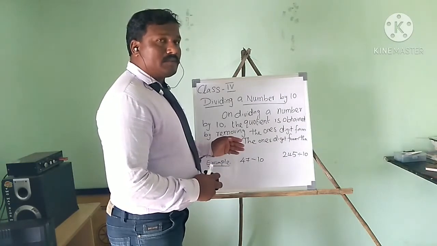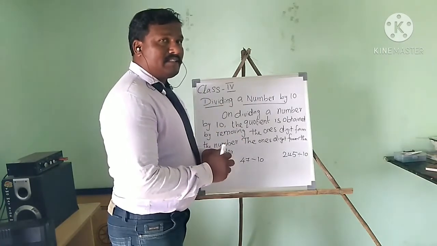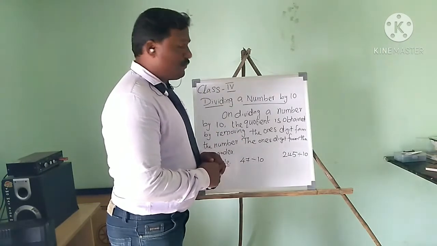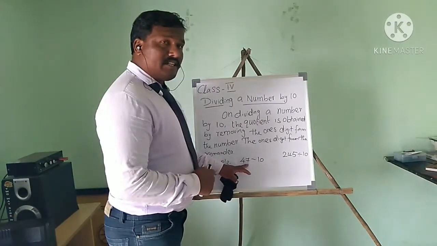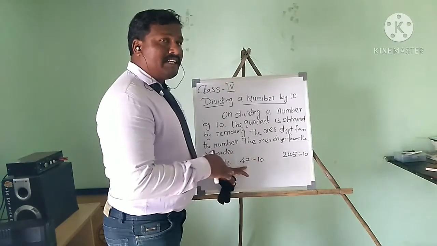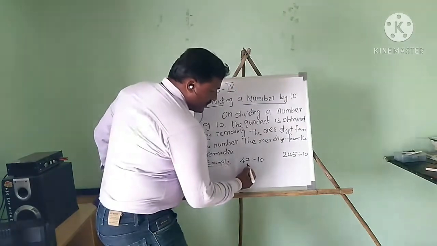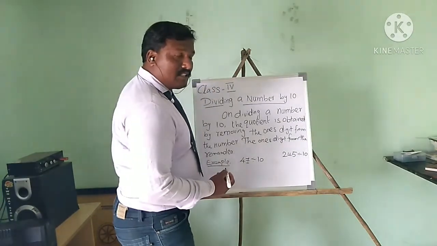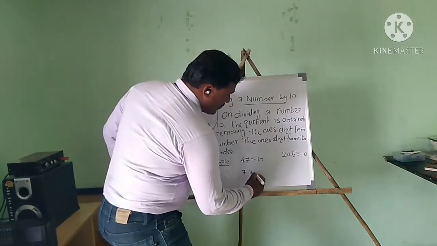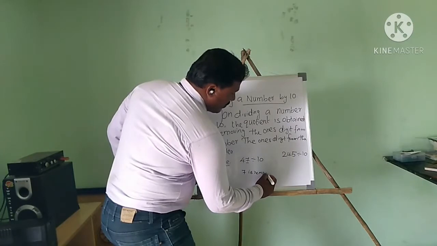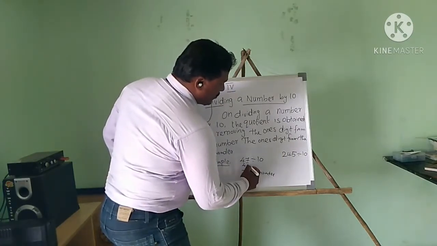Let me tell you some examples, then you can understand what rule we have to follow when you divide by 10. So 47: here the ones digit we have to remove, and the remaining digit goes to the quotient. The ones digit is 7, so 7 is the remainder, 4 is the quotient.